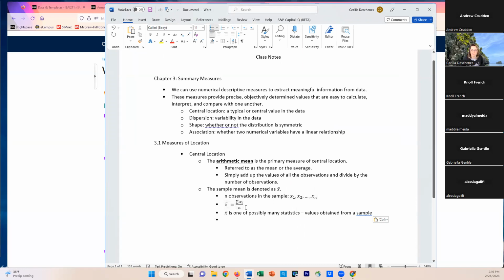So this is the math that is just a repeat of the bullet above. And if you recall, if we have a population of many, many values, a sample would be just a subset of that, a random selection. And so each sample is going to have its own sample mean, whereas the population has a population mean.